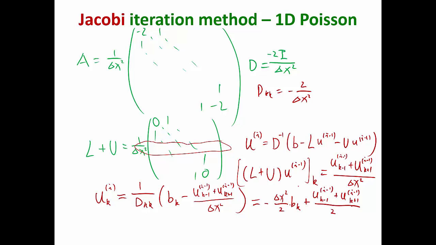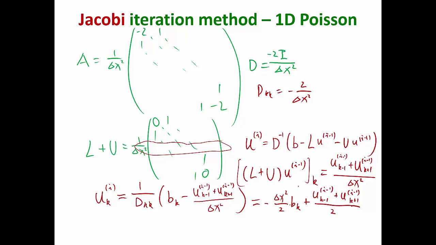All right, that's what the Jacobi iteration looks like. It is taking a linear combination of the right-hand side at the same grid point and the last iteration value at neighboring grid points.